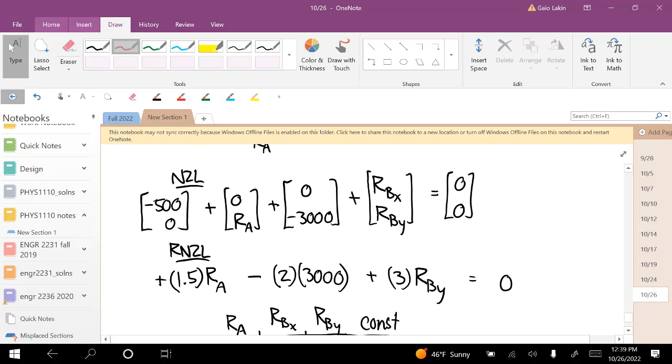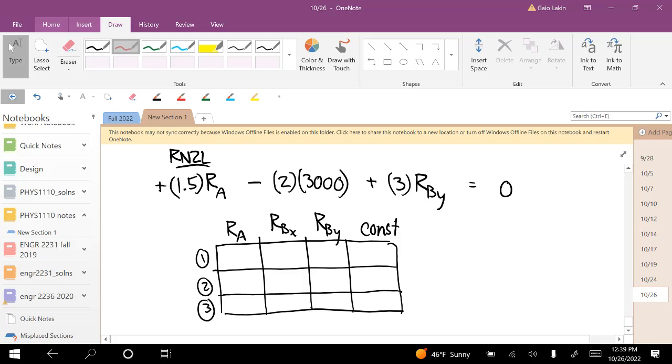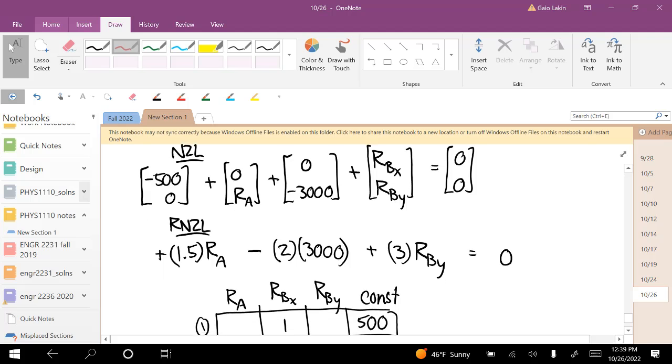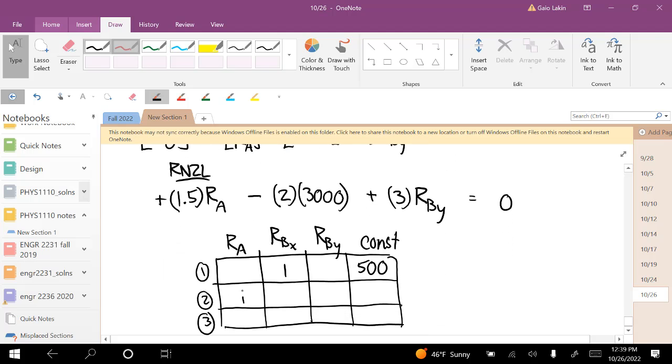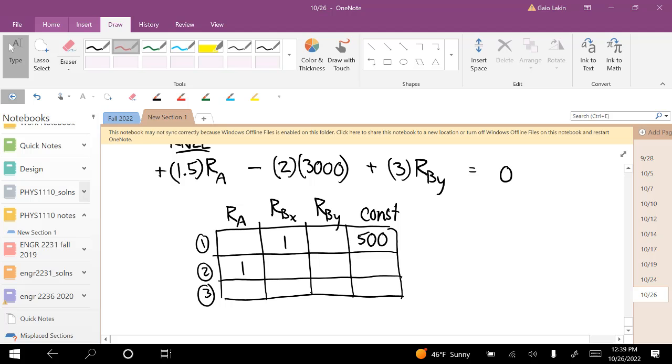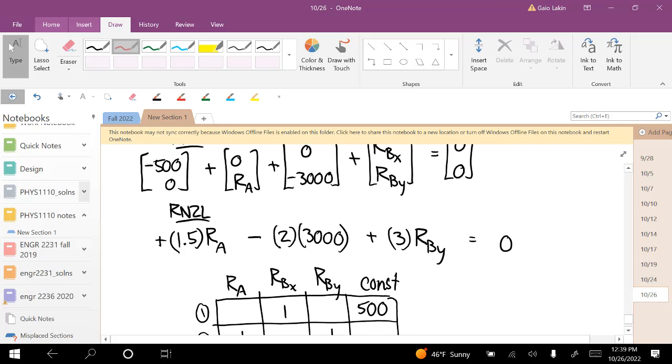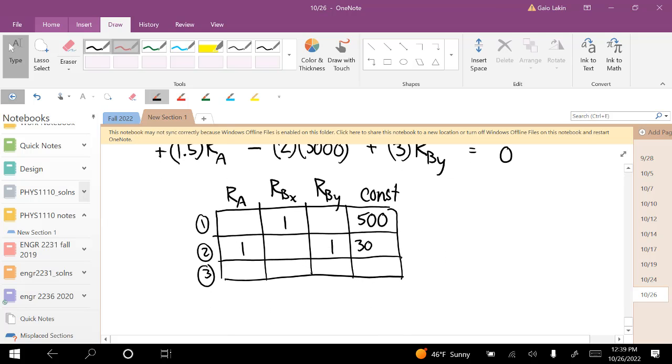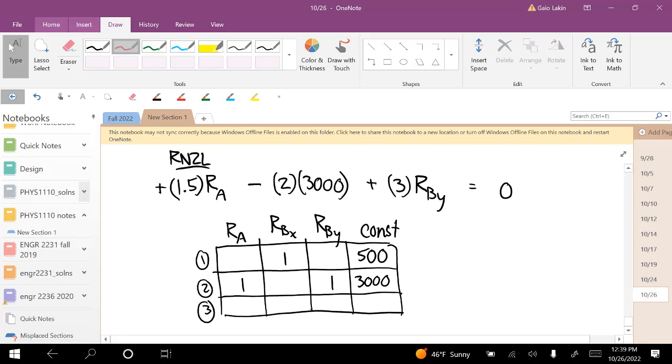For the first equation, we have 1 RBX, and the constant is 500. For the second one, we have 1 RA, 1 RBY, and the constant is positive 3,000. And for the third equation, for RA we have 1.5, for RBY we have 3, and the constant is 6,000.